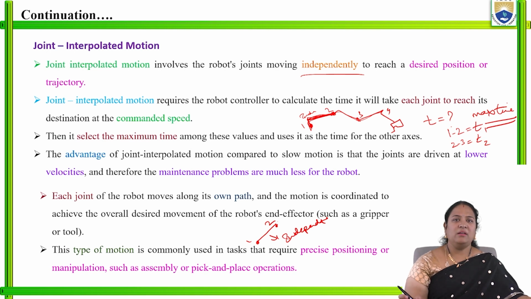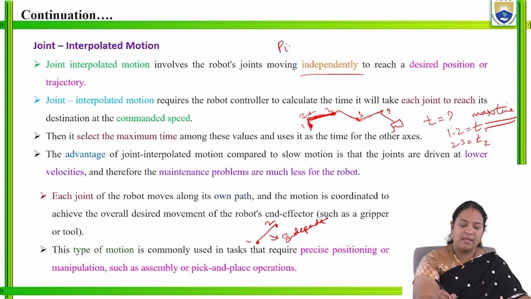Generally, this type of motion is used for picking and placing operations, or we can use it in precise positioning or precise manipulation. So these are a few of the common applications where the joint interpolation motion will be used.